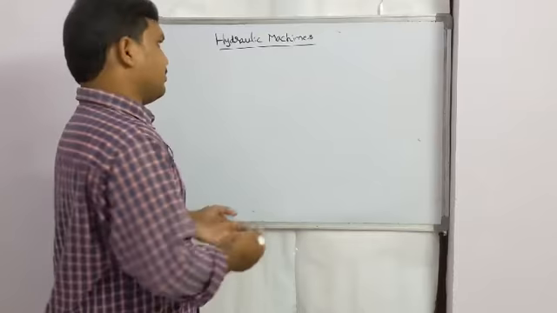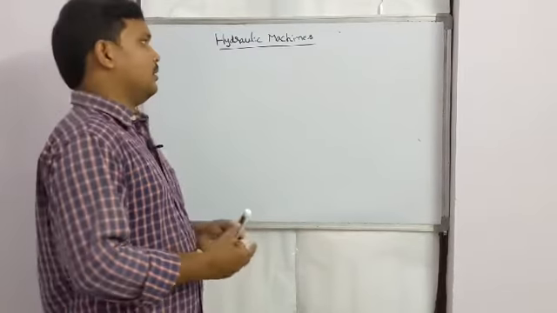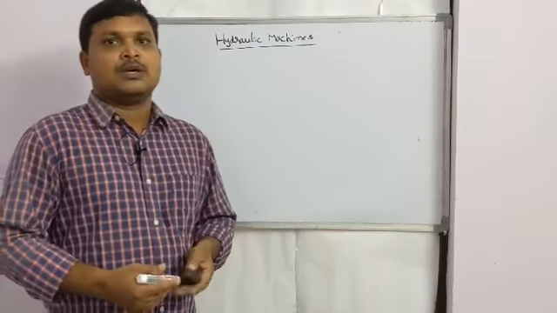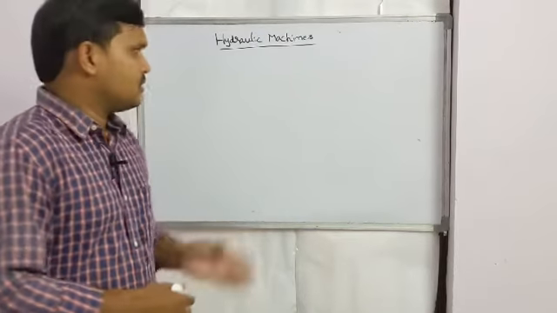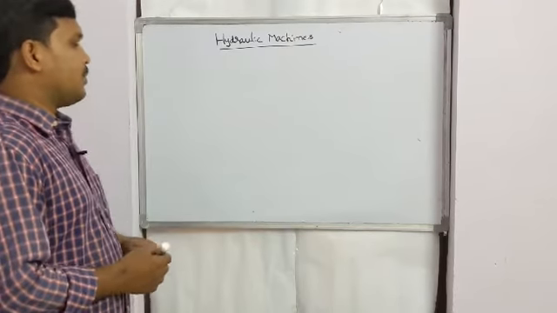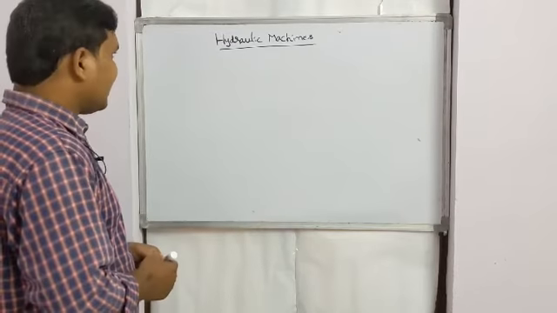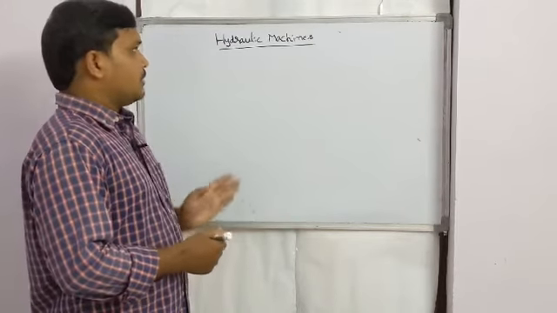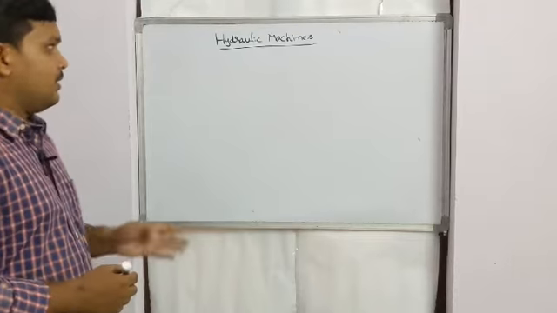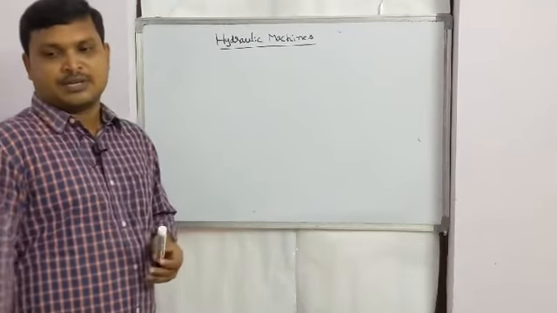For example, if anyone has a well and wants to lift the water for their use, buckets were used in early days. Now it is replaced by a hydraulic machine called the pump. So this is one example. The hydraulic pump is one example of a hydraulic machine.